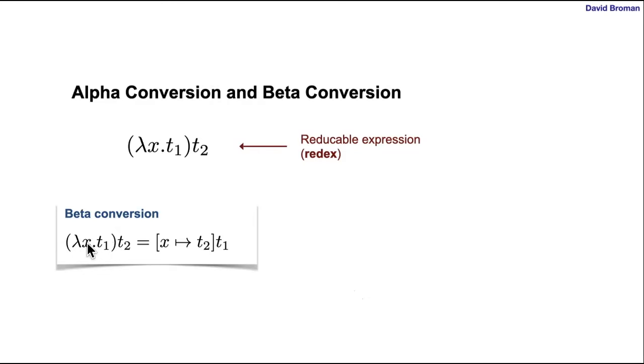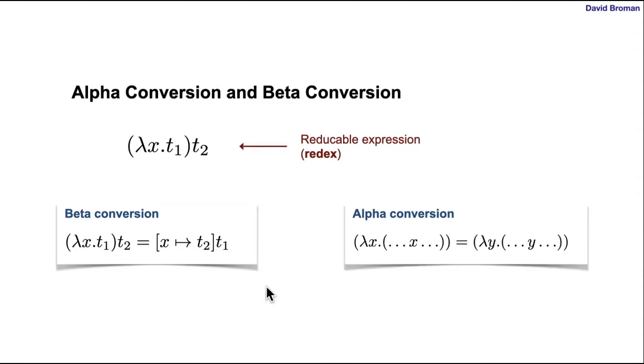It doesn't have a name, but it's got a variable here, or a parameter, and it's applied to t2 here. So what happens then is that the value of t2 is substituted for all occurrences of x inside t1. And this is what we write here. We say that all x are substituted with t2 inside t1. And this transformation is called beta conversion.